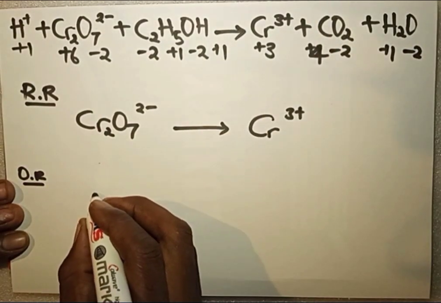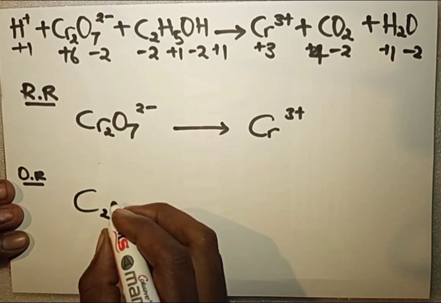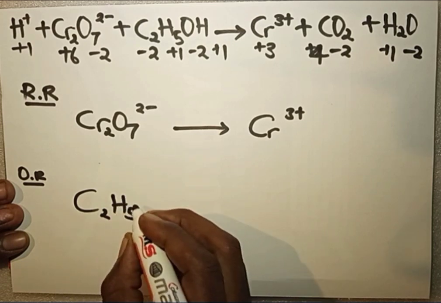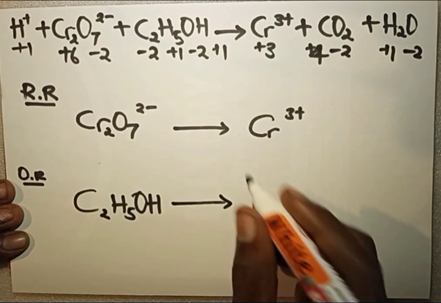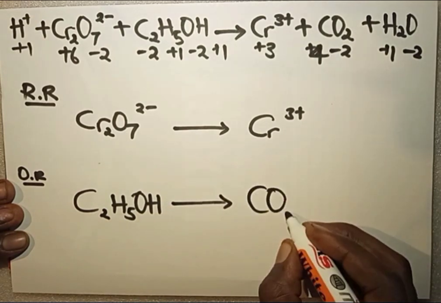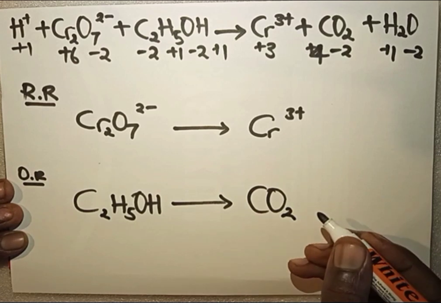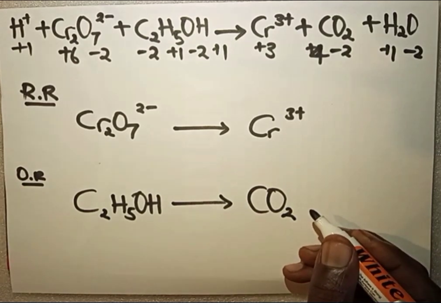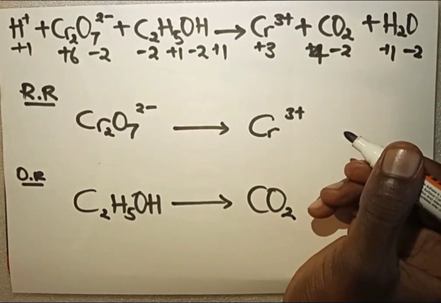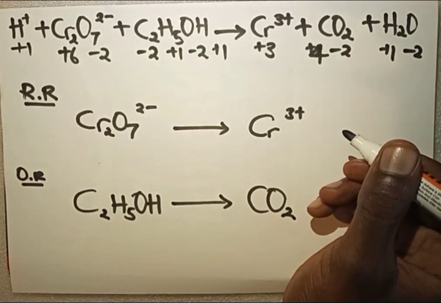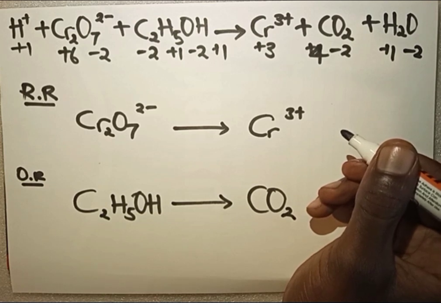So C2H5OH to this, whatever is happening here, is oxidation. Okay, so we've come up with the half reactions. The first step says balance all the elements except hydrogen and oxygen.